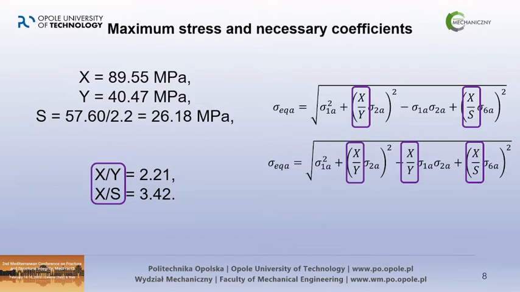However, in the case of the S, we were analyzing the tension of the material at angle 45 degrees, as it's an often used practice. However, then you have to divide it by 2.2 to obtain the shearing strength.